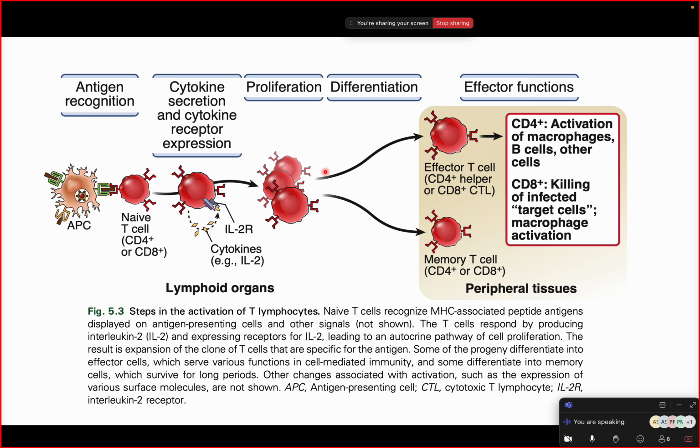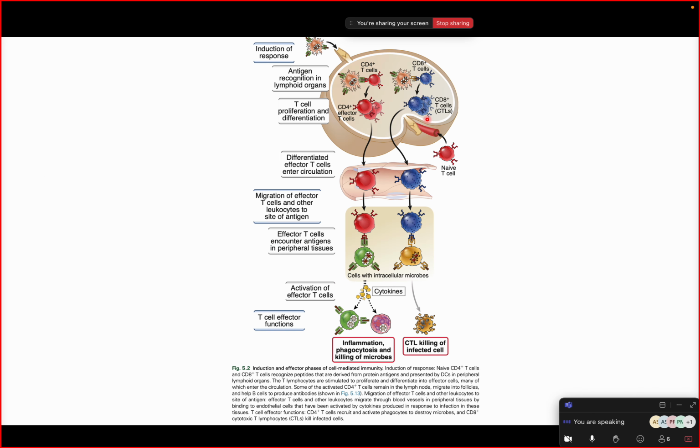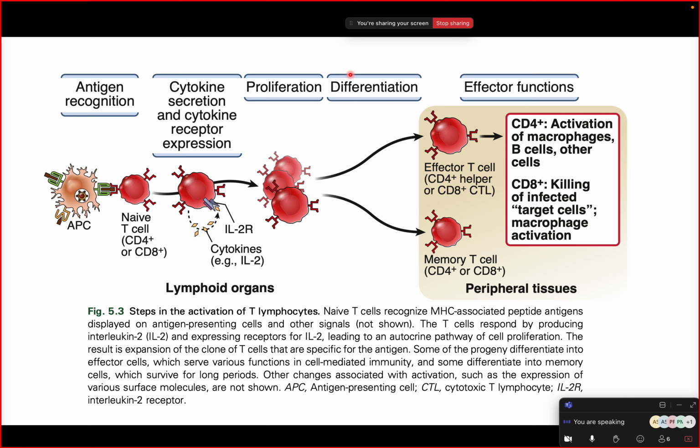A similar thing happens in the T lymphocytes. In the secondary lymphoid organ, there will be n number of CD8 positive T cells and CD4 positive T cells, but only one such cell will be able to bind to the infected cell.